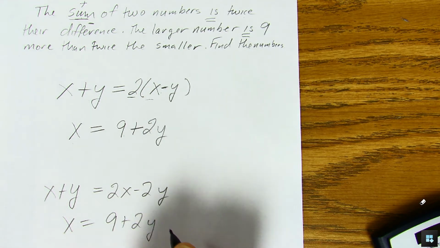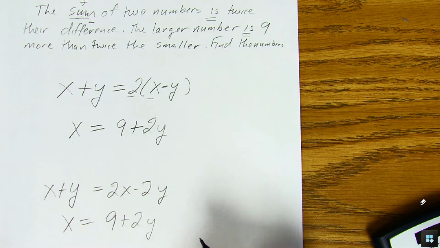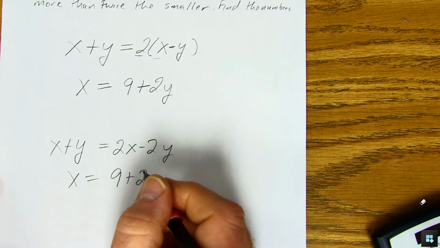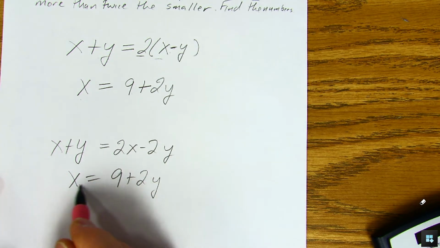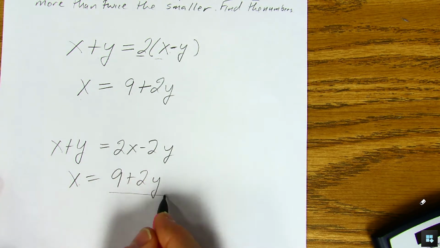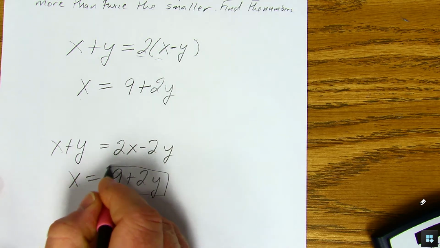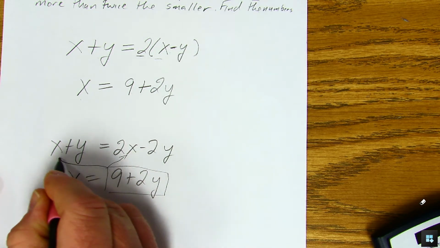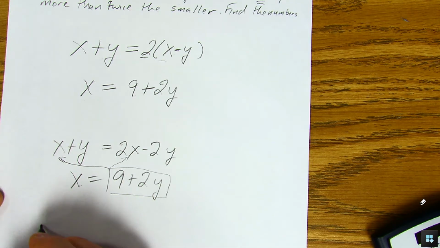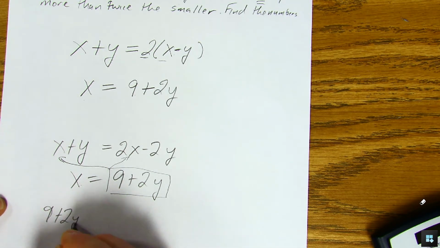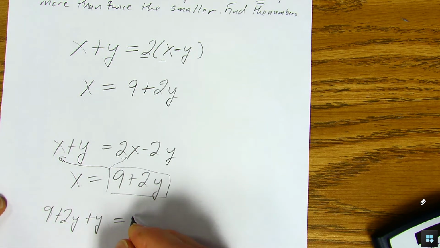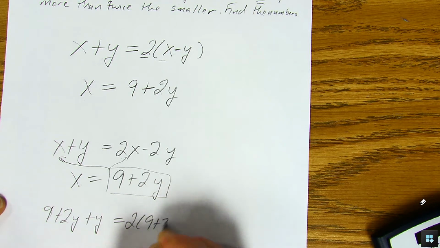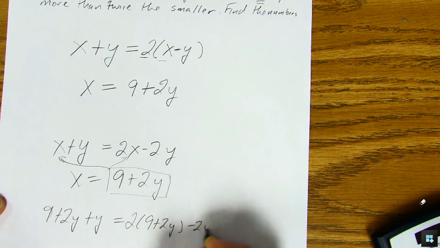So to solve this system, at least for me, what I would do is it's already basically set up for substitution. I would take 9 plus 2y and I'd plug it in here for x and plug it in there for x. So that gives us 9 plus 2y plus y equals 2 times 9 plus 2y minus 2y.